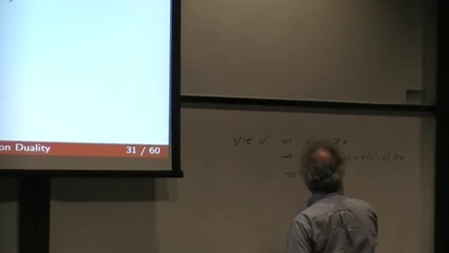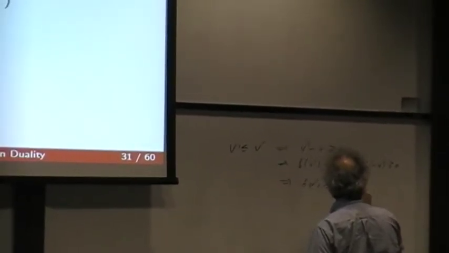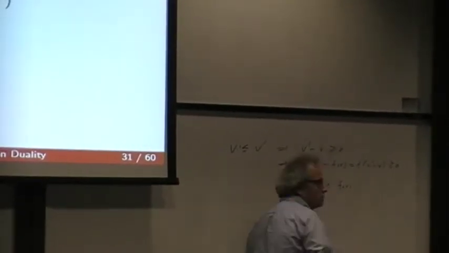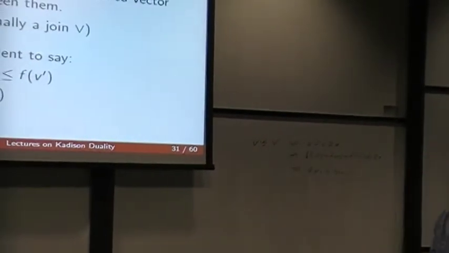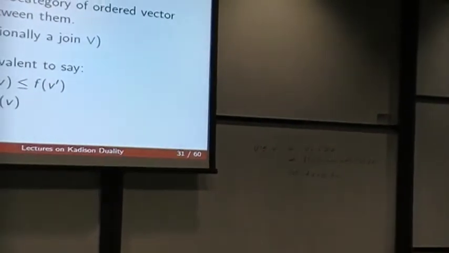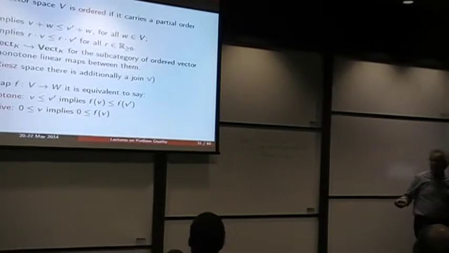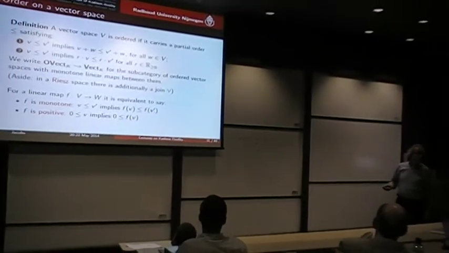So f v prime is bigger than f v. And these properties that I'm using here follow from the properties of the order. So positive and monotone means the same, and I'll use them interchangeably.